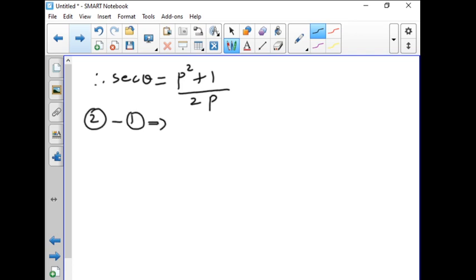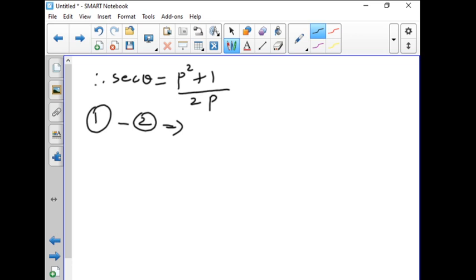Here I have taken 1 as secant theta plus tan theta, so it is 1 minus 2, not 2 minus 1.